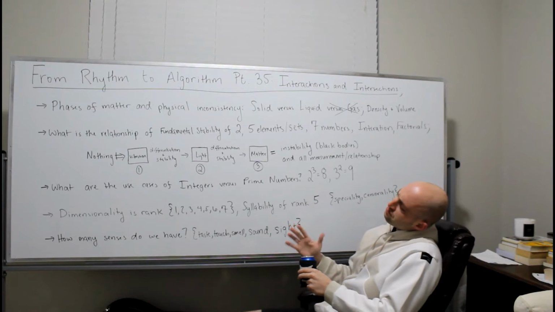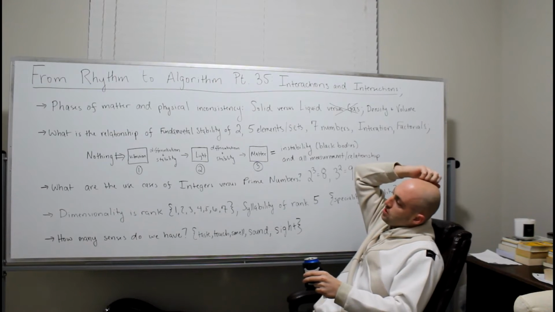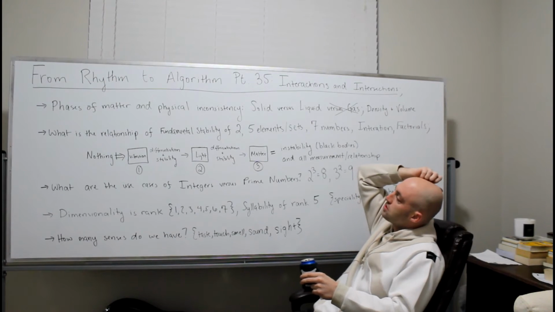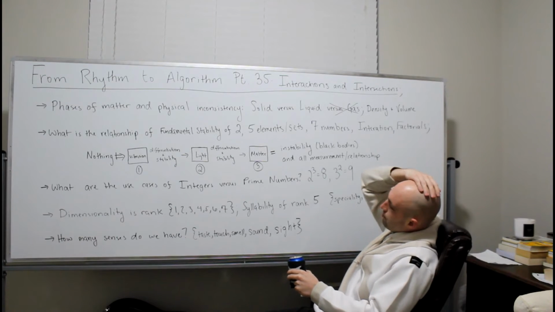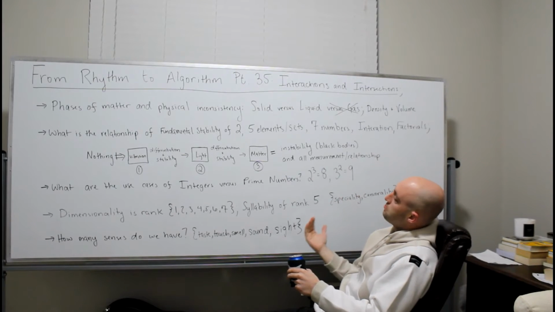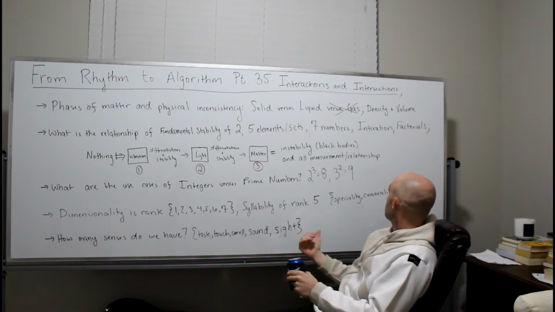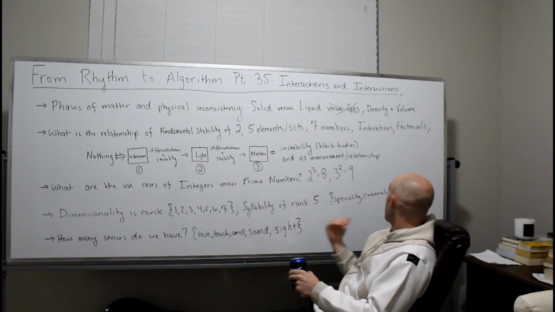And so, just reviewing the one-way, time-dependent evolution of the universe, what is the relationship? The relationship of the fundamental stability of two, 5 elements and sets, 7 numbers, iteration, and factorials.